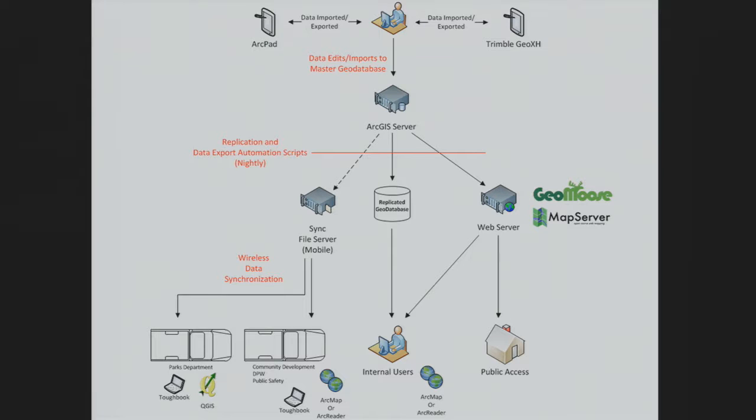So we do have ArcGIS Server Enterprise Basic, and then it starts flowing through various scripts that I've created over the years to GeoMoose, to MapServer. GeoMoose is our web mapping system. That's another open source system. And then from our server for synchronization.